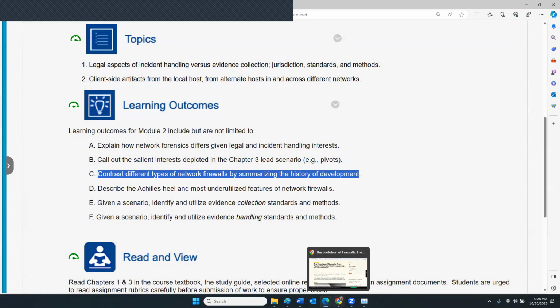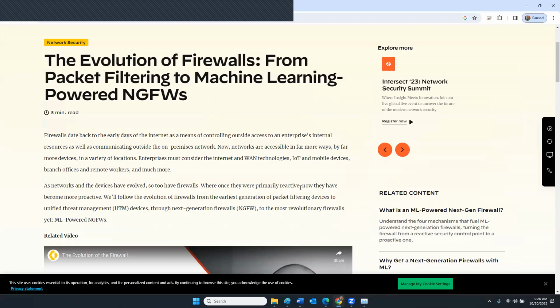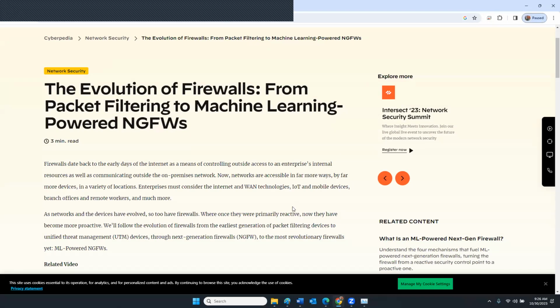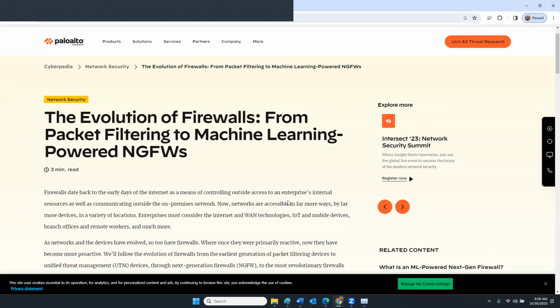If you basically do a search for the evolution of firewalls, this is a rising star in the firewall market space. Palo Alto Networks is a competitor with Cisco and HP and other network equipment providers.